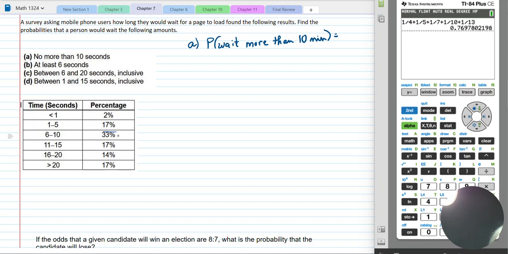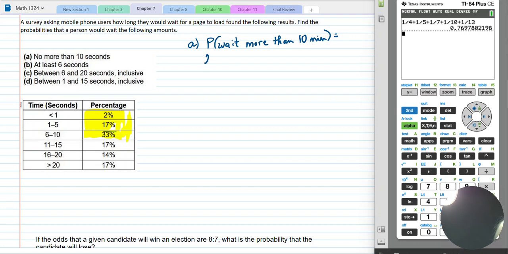Then we have 6 to 10 for 33, which is the largest as we can tell. 11 to 15, 17%, 16 to 20 seconds, 14%, and greater than 20 seconds is 17%. I said minutes. So they said no more than 10 seconds. So in 10 seconds, no more than 10, that means that this is the amount of what they would wait for.